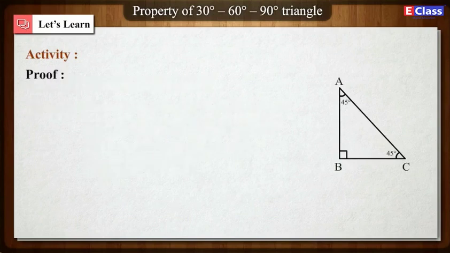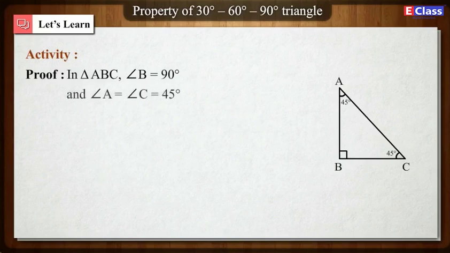Proof. In triangle ABC, angle B is equal to 90 degrees and angle A is equal to angle C, which is equal to 45 degrees. Therefore, BC is equal to AB.